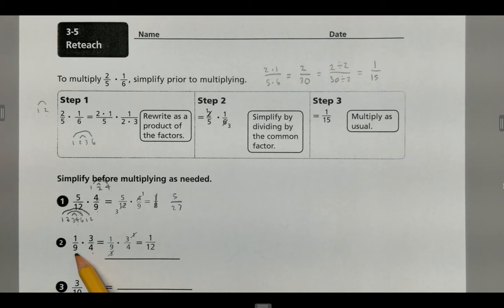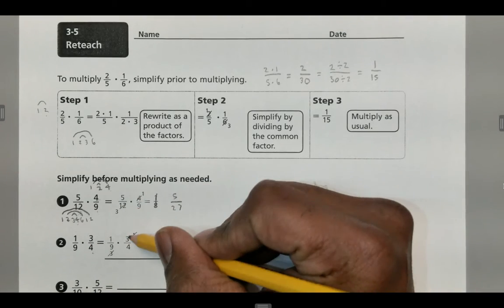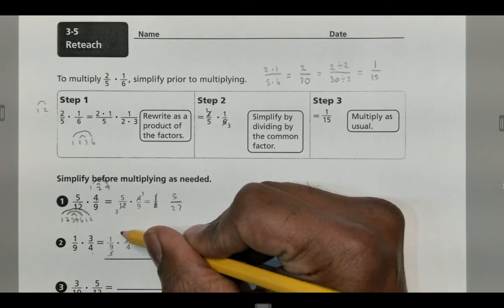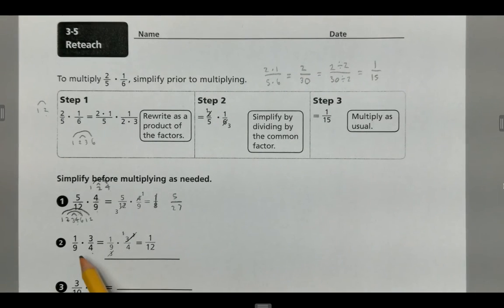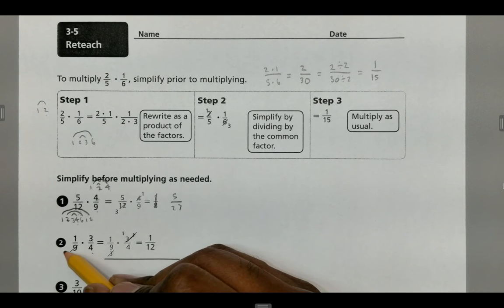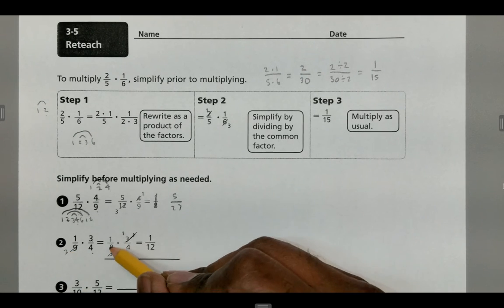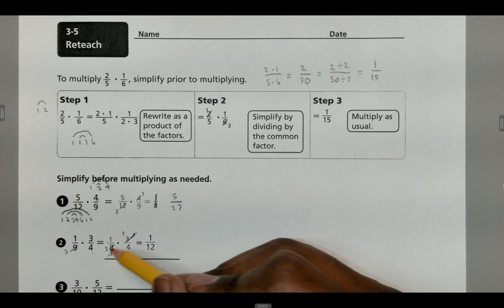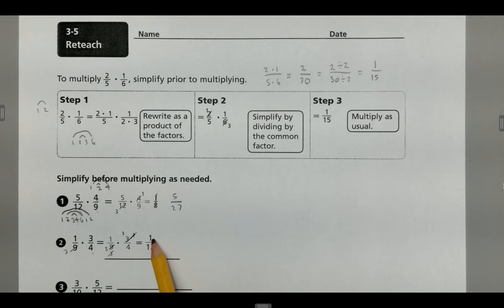If you said 3, you're correct. 3 goes into itself once, so we can cross out the 3, replace that with a 1. 3 goes into 9 3 times. Cross that out. 1 times 1 is 1. 3 times 4 is 12. We get 1/12 as our answer.